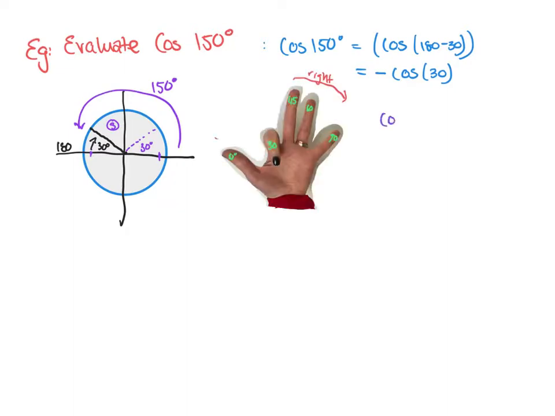So using your cos rule, cos equals the square root of your right fingers over 2. So if I was doing this one, I've put my 30 degree finger down, and so I have cos 30 degrees equals the square root of 3 over 2. And if you go back and look at our exact values, that should be correct.